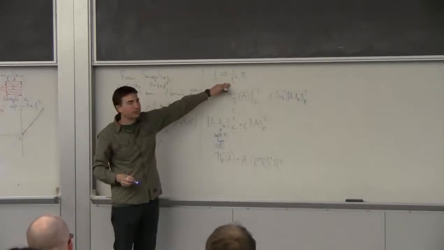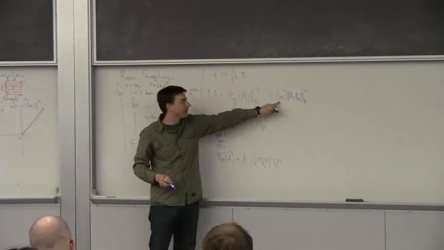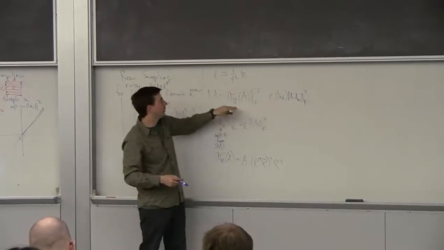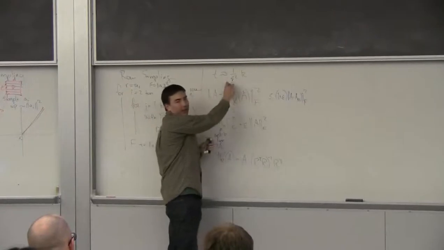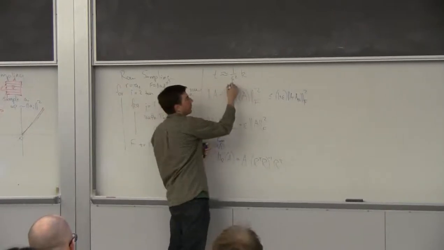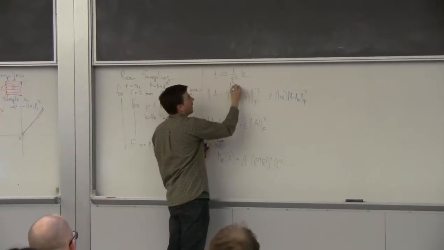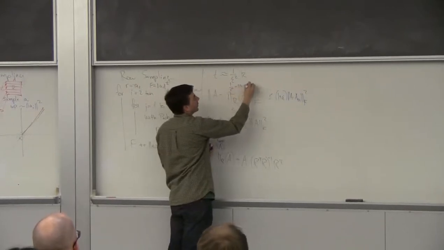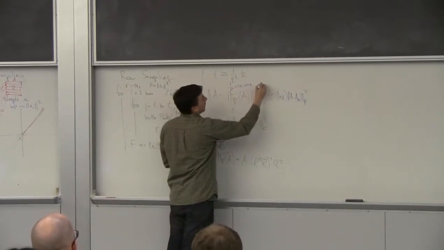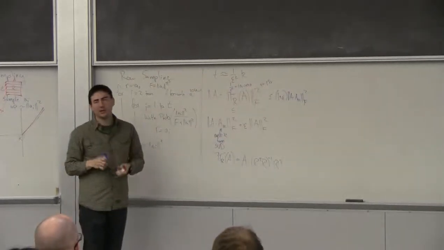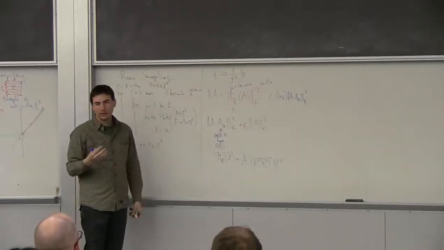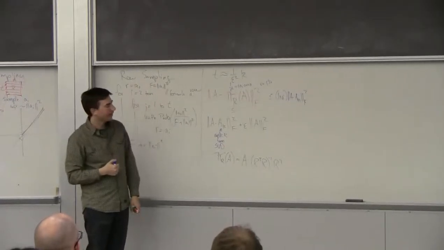If I want 1% error, if I want this to be within 1% here, then 1 over epsilon is going to be 100. So 1 over epsilon squared equals 10,000 for epsilon equals 1%. This means you really need a lot of these rows to get a good estimate.